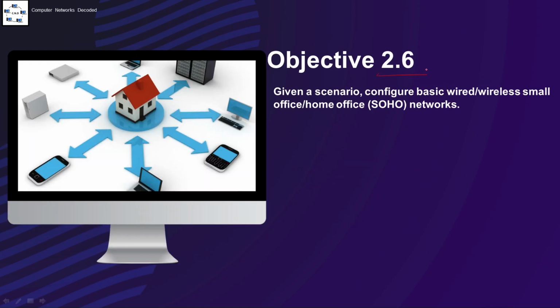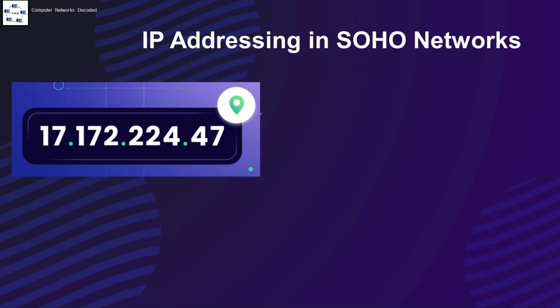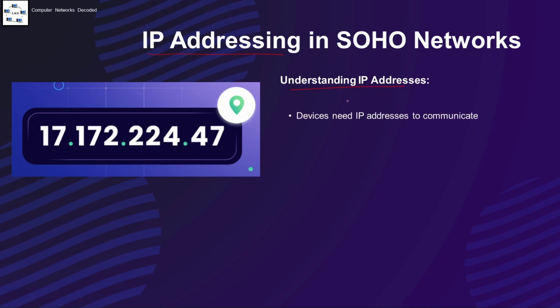Objective 2.6, given a scenario, configure basic wired and wireless small office, home office, that is SOHO networks. And our first topic in SOHO networks is IP addressing, understanding IP addressing. So devices inside the network need IP addresses to communicate with each other.